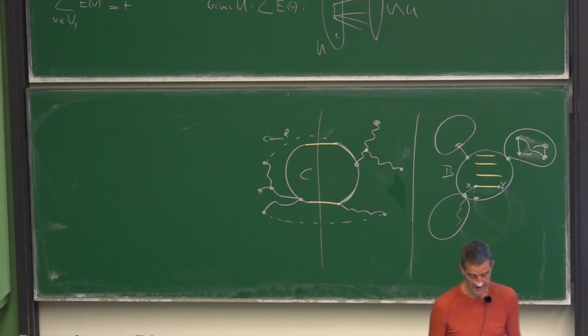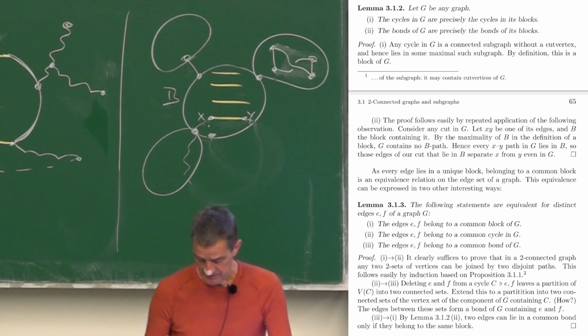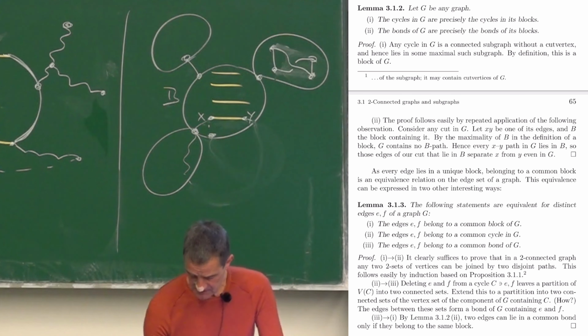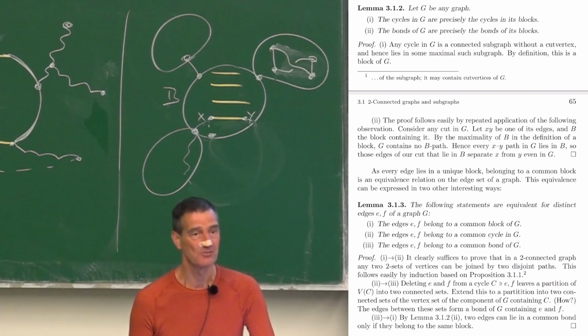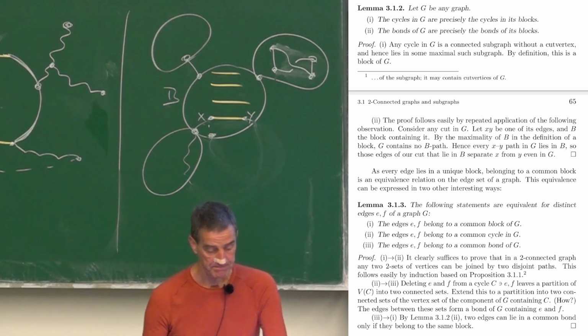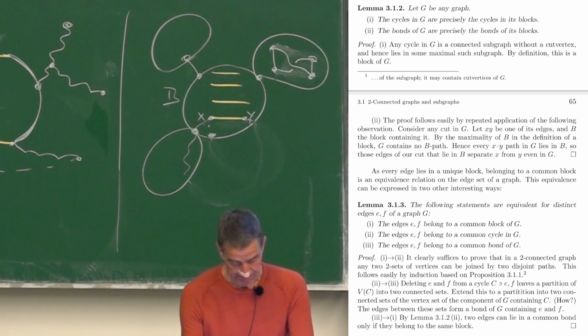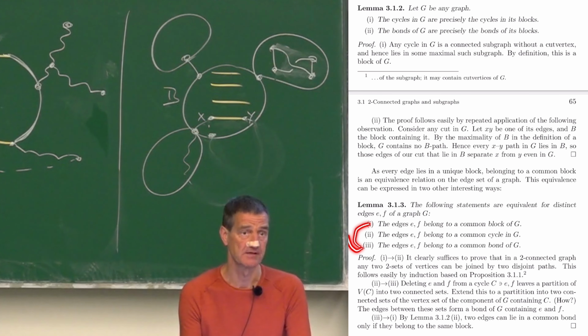So we have found that two edges that lie in some common cycle also lie in some common bond. Okay. And now to complete the equivalence, we need that edges that lie in the same bond lie in some common block, but we proved that a moment ago.